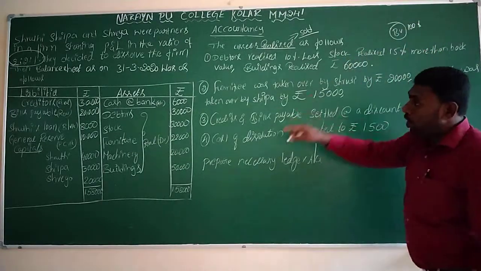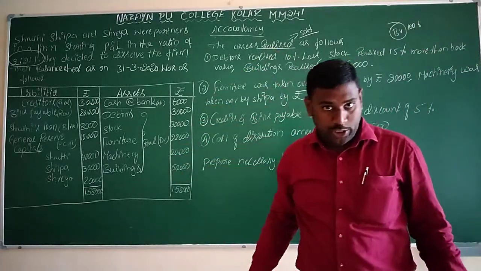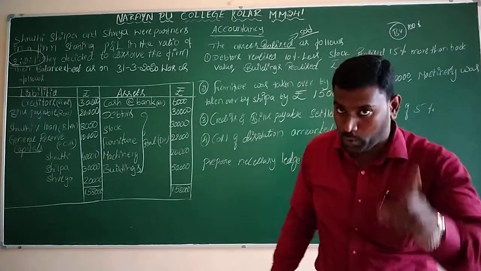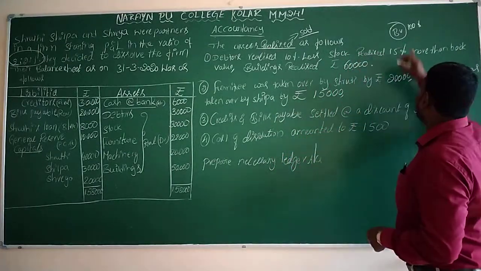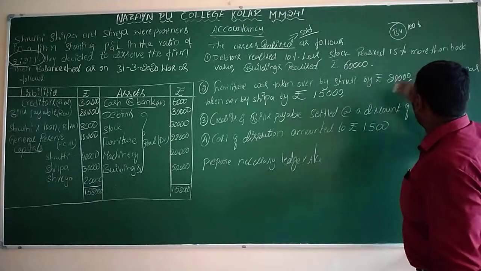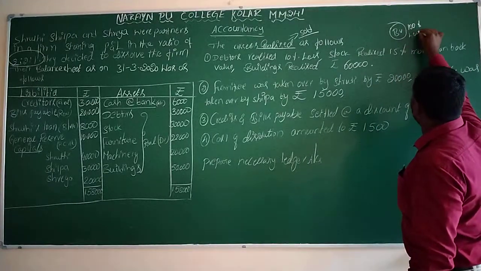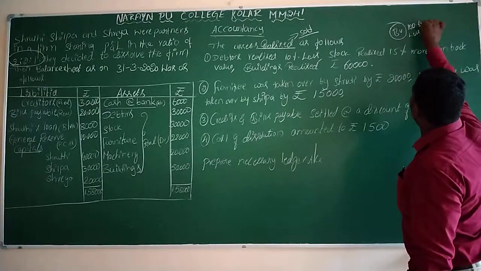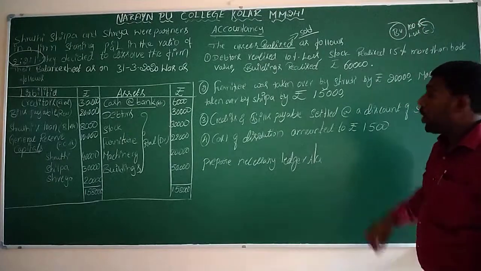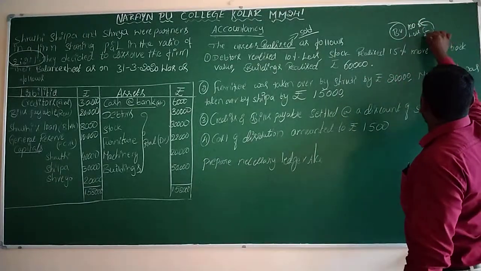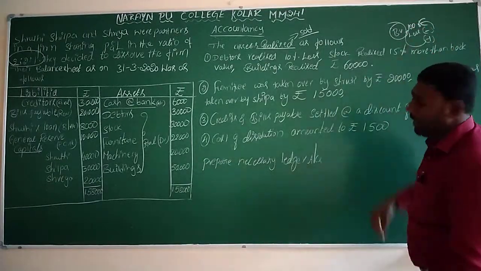Book value is the value given in the balance sheet, that value will be considered as book value. So that will be considered as 100%. If less, we should minus from the 100. More means we should add to the 100.